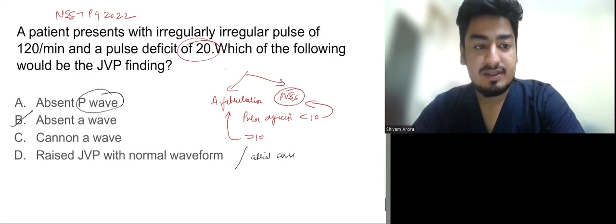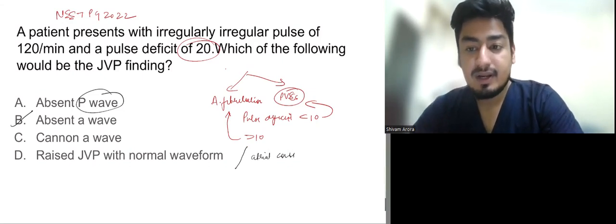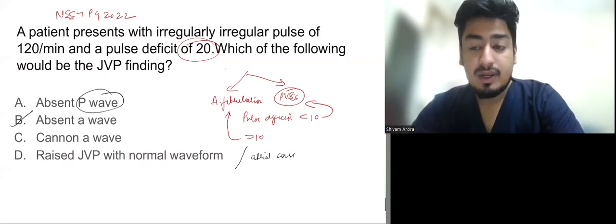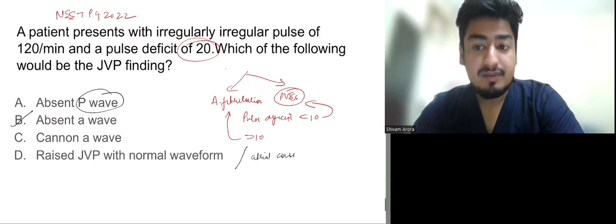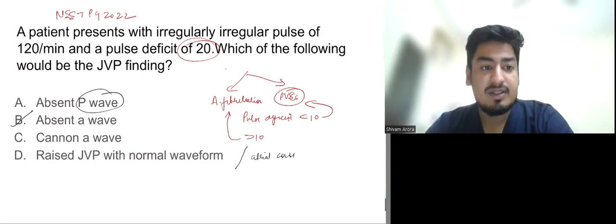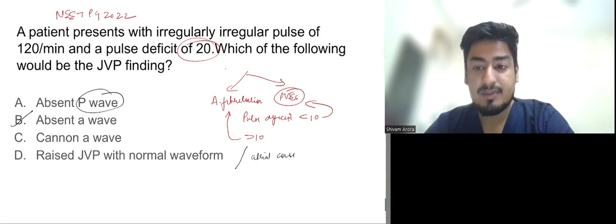P wave is there in ECG, and P wave is because of atrial depolarization. So in atrial fibrillation, P wave is not there in ECG. If the question asks what would be the finding in ECG, then the answer would be absent P wave. Now the question is asking for the JVP finding, so the answer is absent A wave.